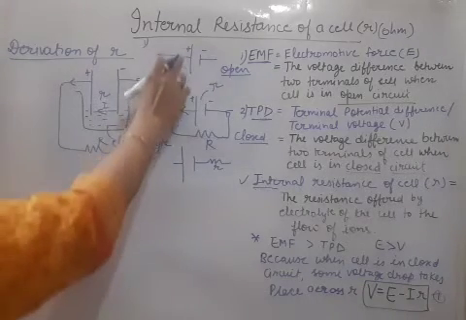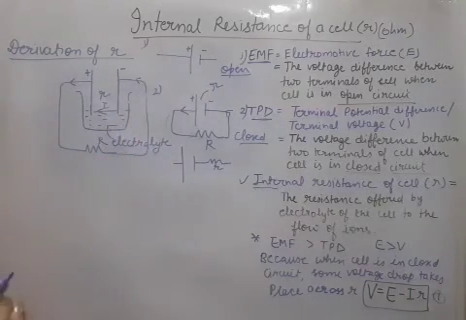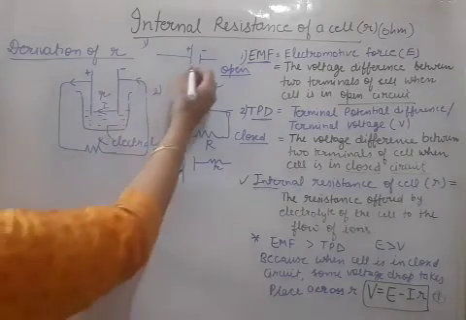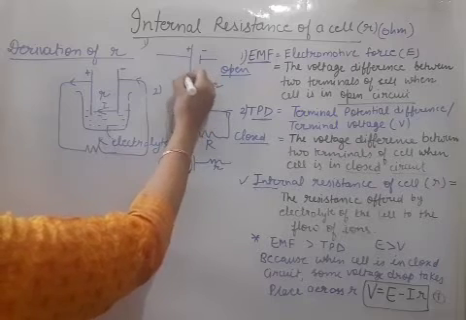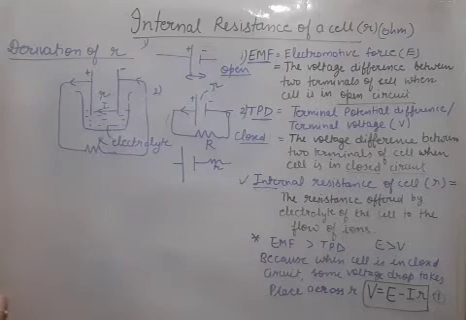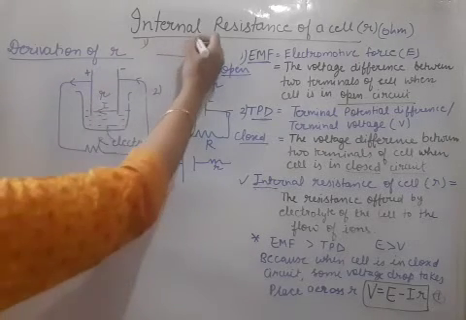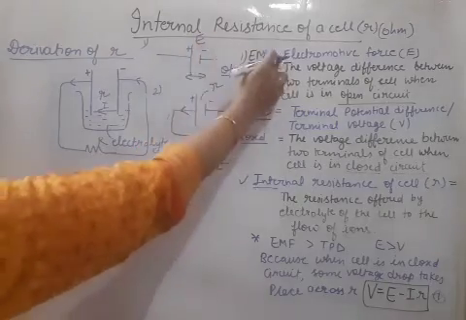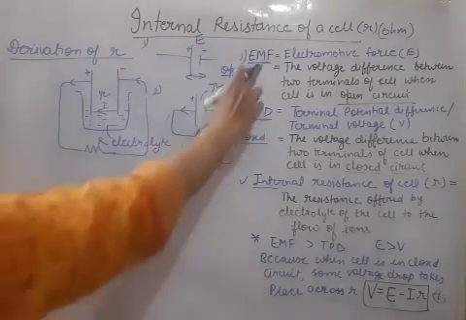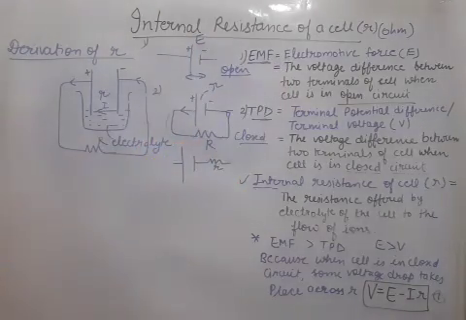Cell means one rod is positive and another rod is negative, and due to that there is always a potential difference between the two terminals of the cell. This potential difference we call EMF. EMF means electromotive force in detail.